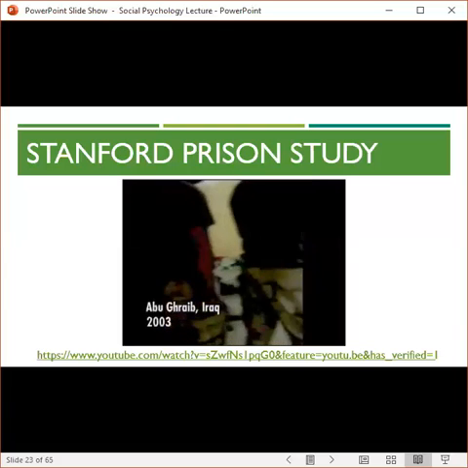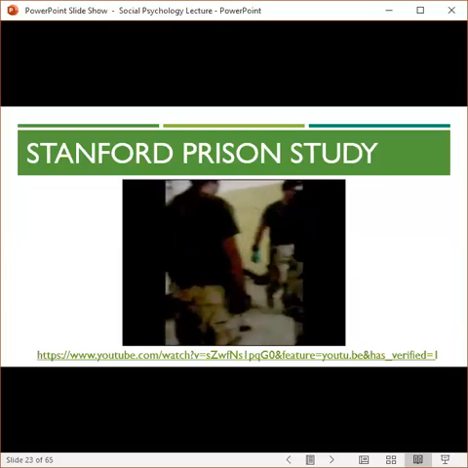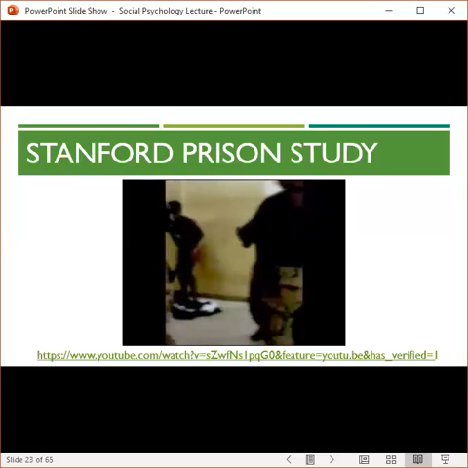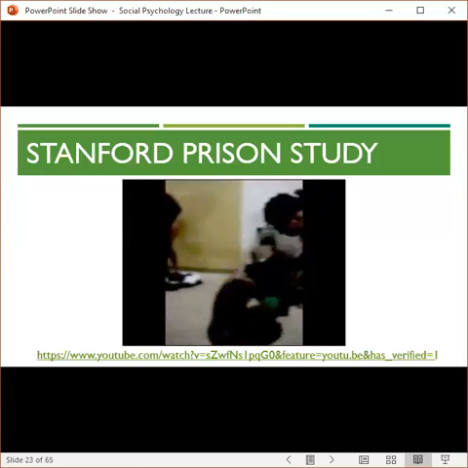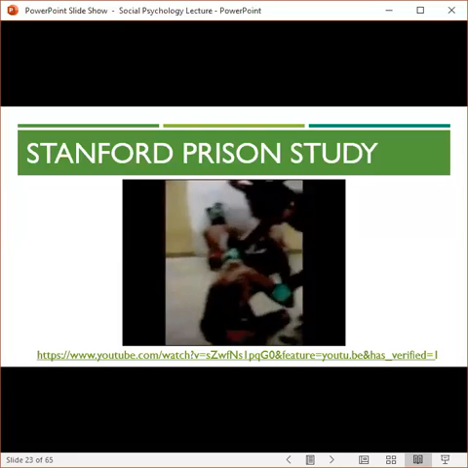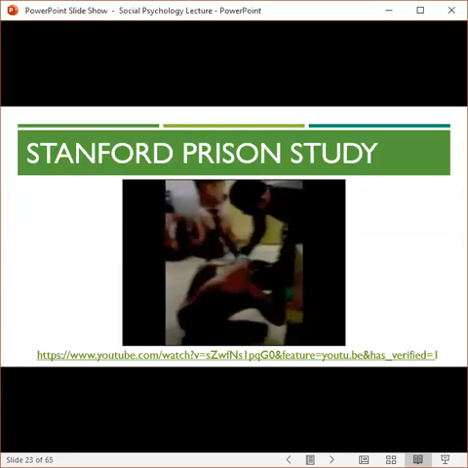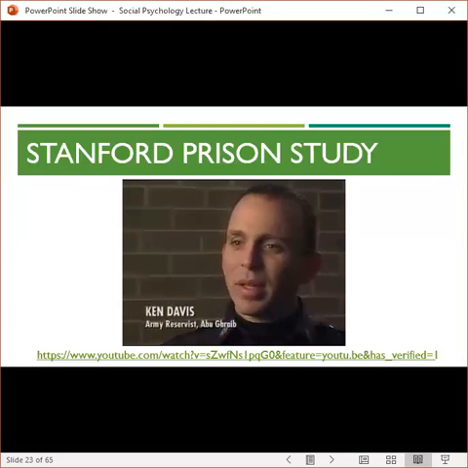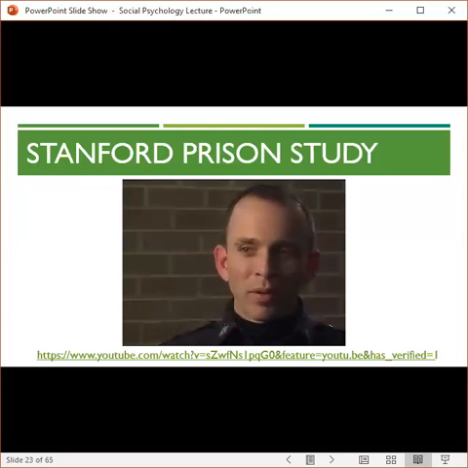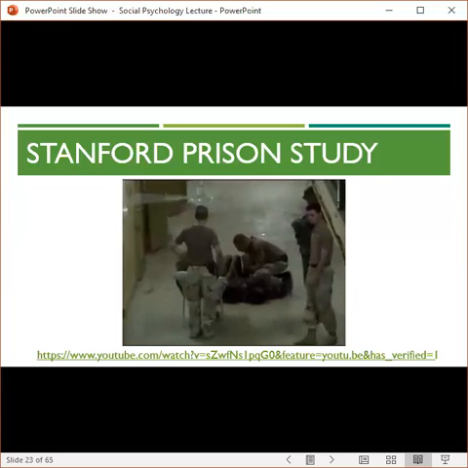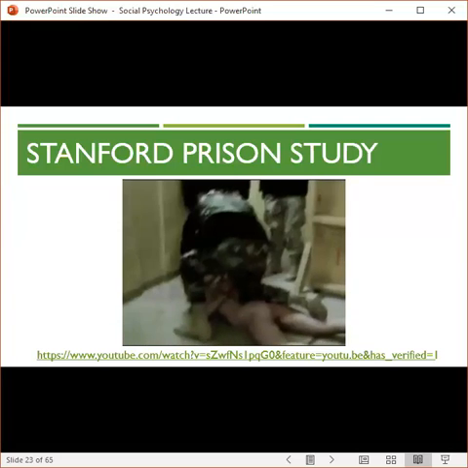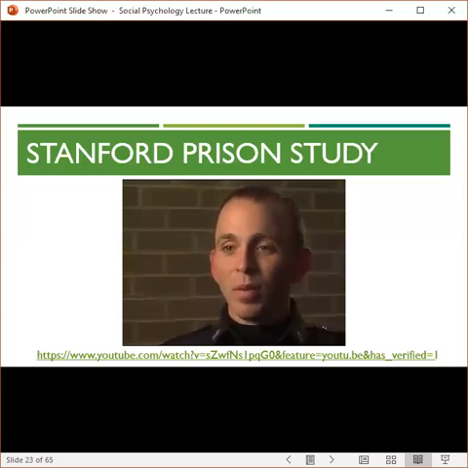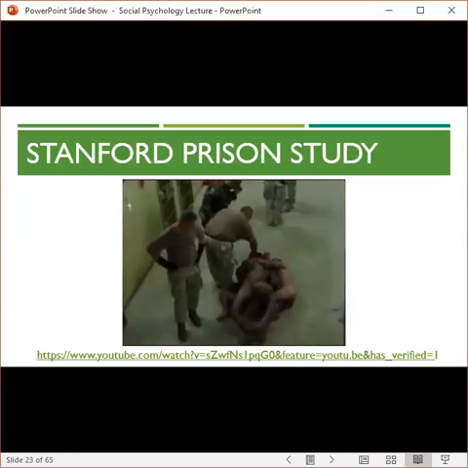When we got to Abu Ghraib, it was eerie. We were being told to rough up Iraqis that wouldn't cooperate. I mean, they're torturing, they're abusing detainees. You're looking at the situation thinking, they've condoned this, but why? And if it wouldn't have been for those photos, no one would have ever believed what was going on over there.